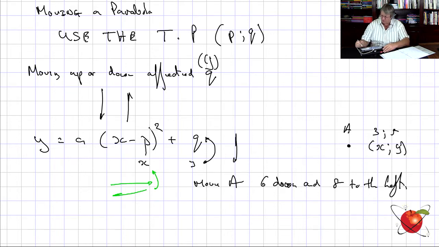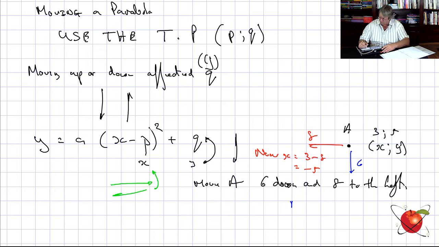What are you going to do? Then we want to find the new coordinates. Let me use red. So we're going to move this how much? This is going to be 8. So the new X is going to be equal to 3 minus 8, which is minus 5. And where are we moving Y? Moving Y down 6.